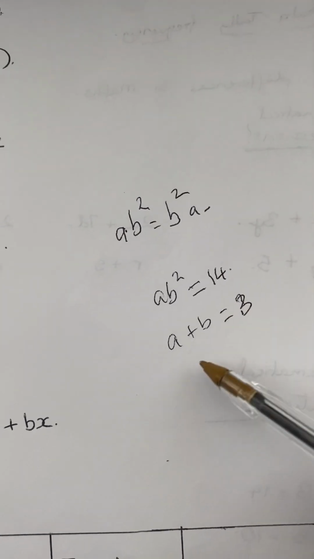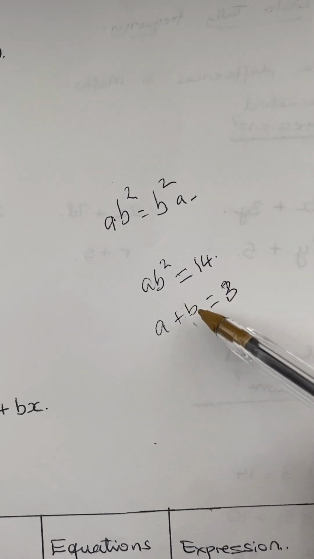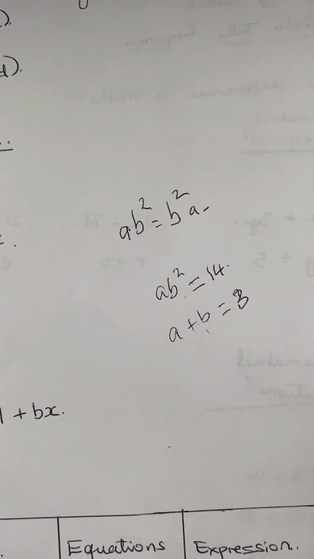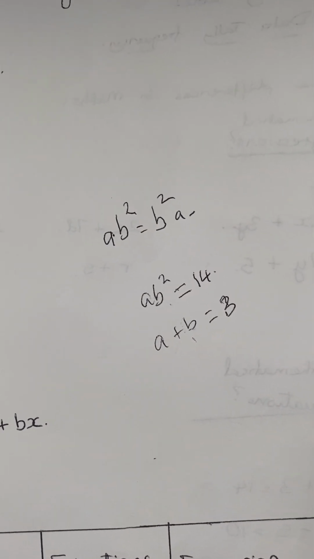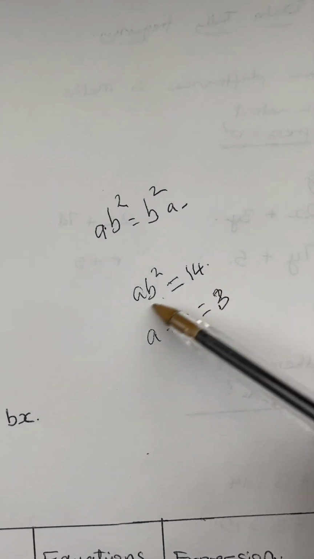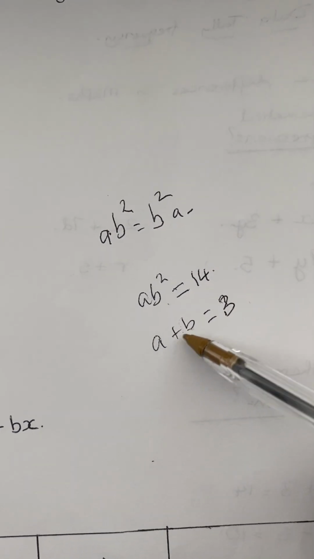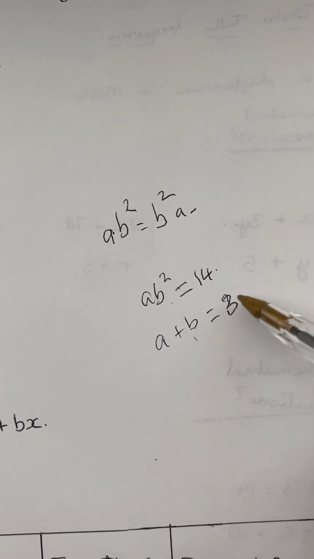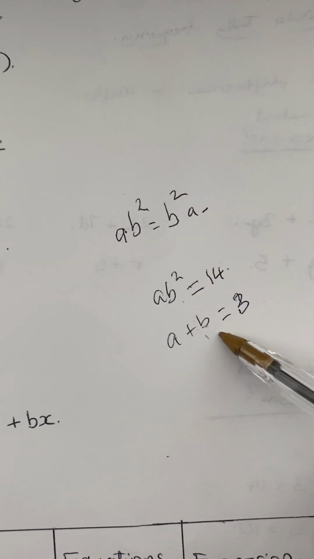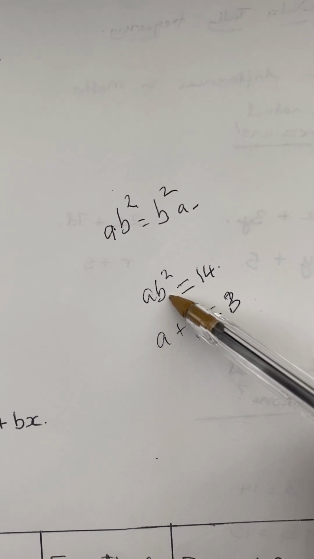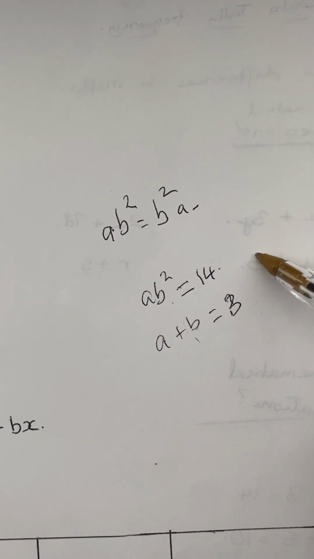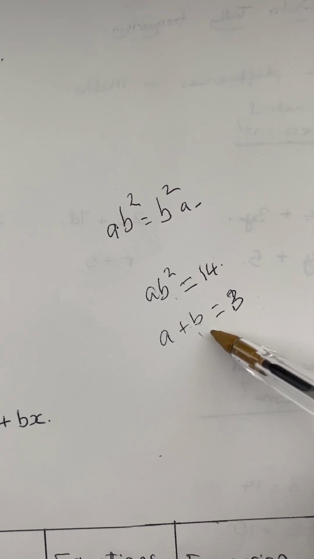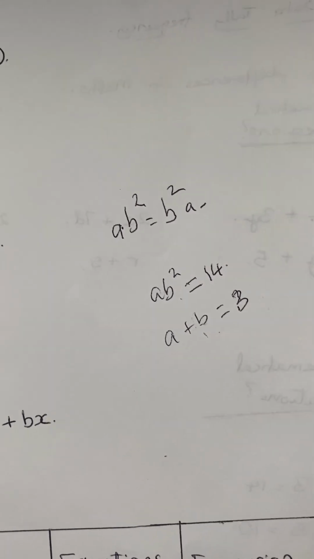then we can find b, substitute it in this equation, and find a. We can use this formula and make b the subject, and whatever we get, substitute it in that equation and find a, and then whatever a is, we put it back into this equation and find b.